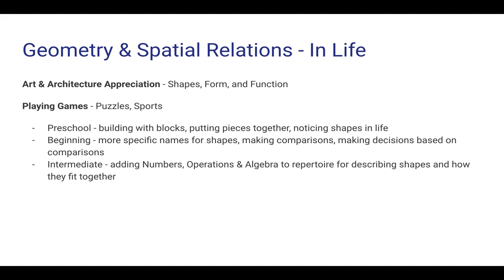And if you can start getting them to draw things, draw their art, draw their building that they're going to make, read Iggy Peck, things like that, and start talking about the numbers and the operations in algebra, start sketching in some numbers and adding and subtracting symbols to describe how those shapes are going to go together.